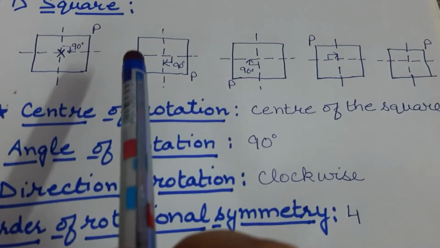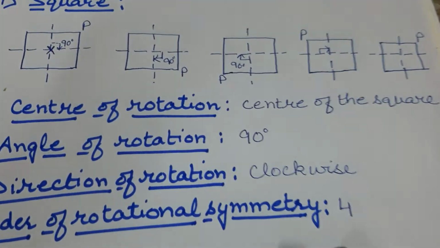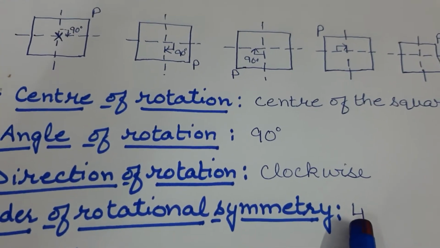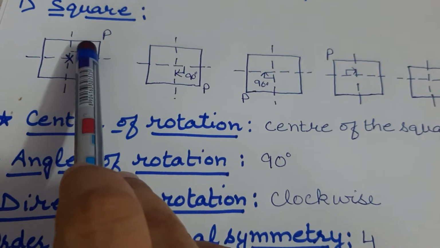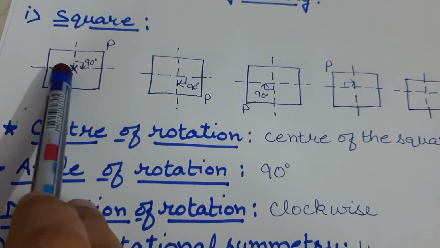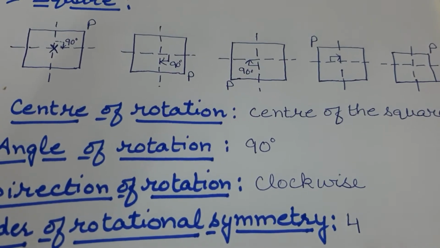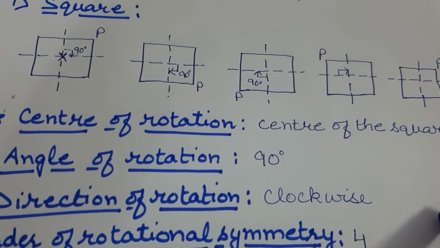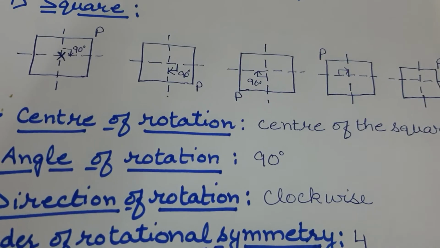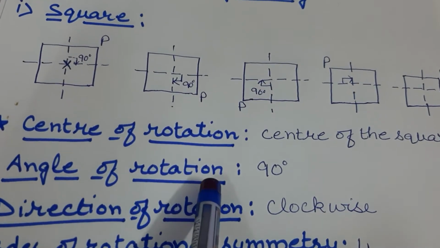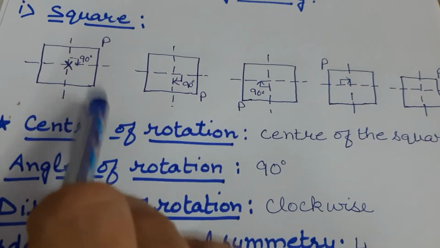Okay, if without drawing a picture you want to find this order of rotation, what is the formula? The total angle, you all know, is 360 degree. So total angle 360 degree divided by the angle of rotation of that figure.